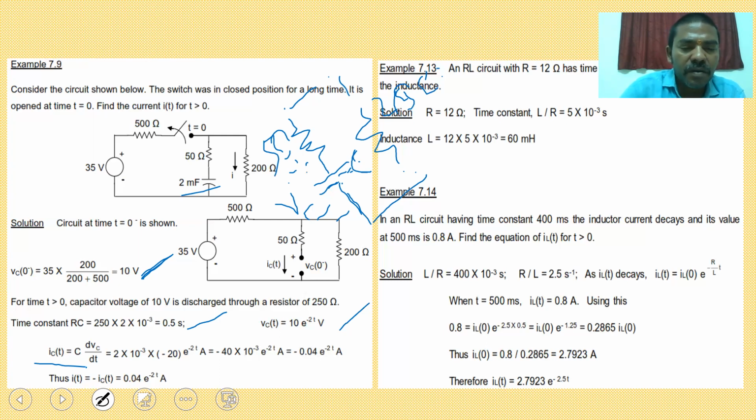So we are getting minus 0.04 e power minus 2t amperes. So this is the net current flowing in the circuit after the switch is opened. Do you understand, all of you?